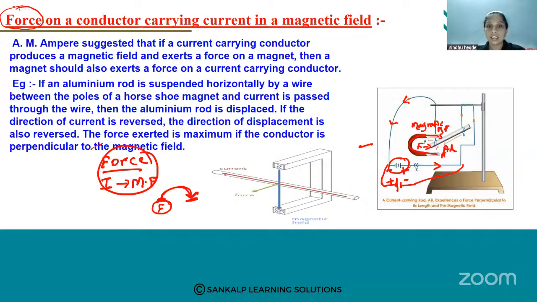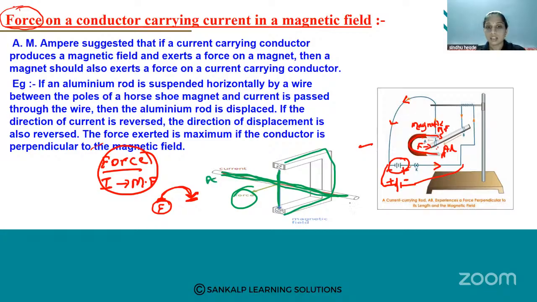See this. Here what I have done is, I have taken the magnet used in this activity and shown how they act perpendicular. Okay, this is your magnet having north and south pole. Here force is exerted. See, this is the force which is perpendicular to the field, and also current acts here. This is the current carrying aluminum rod.